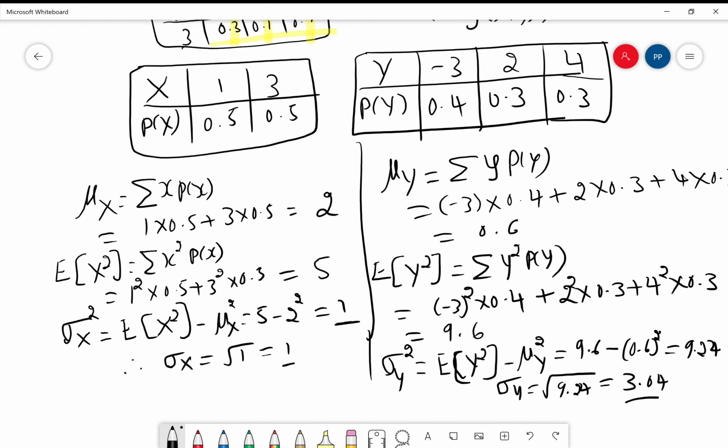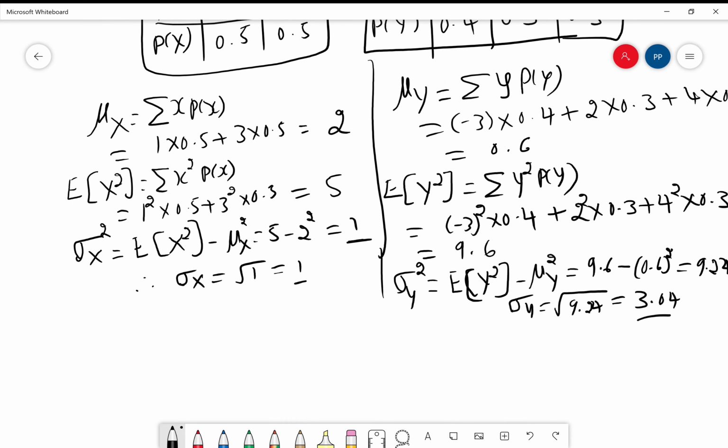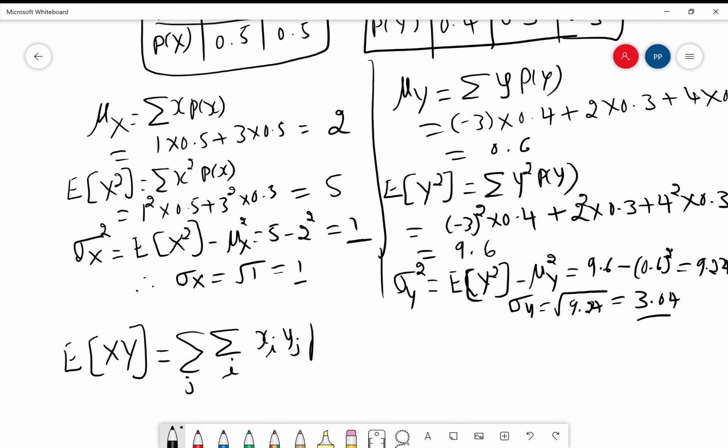Now, what else we require is expectation of xy, which is nothing but double summation over i and j of xi yj into p.